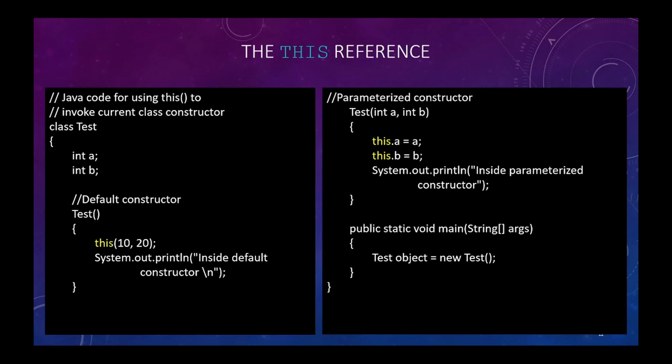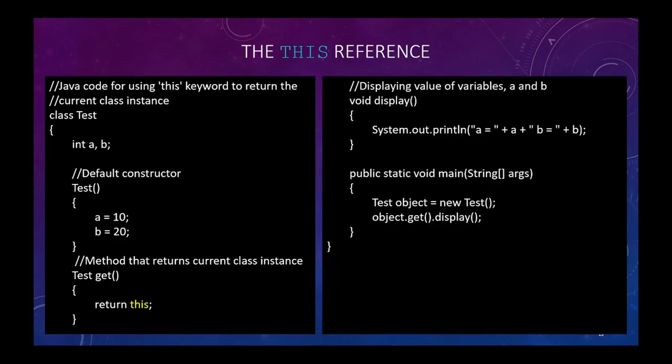Then it goes back to the right and it'll say inside default constructor. Then it's going to complete. Okay, so you can also use this to call a constructor within the class where that other constructor exists. It's kind of a neat way to reuse your code. We're going to look a lot more into that in a little bit.